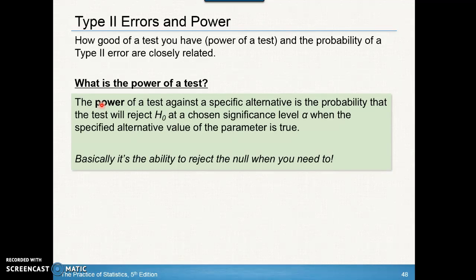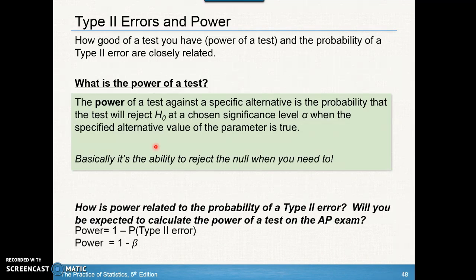So if you think about that, they're actually complements of each other. So the power of a test against a specific alternative is the probability that the test will reject the null at a chosen significance level when the alternative value is true. So the power is basically the ability to reject the null when the alternative is actually true. So basically the ability to reject the null when you need to.